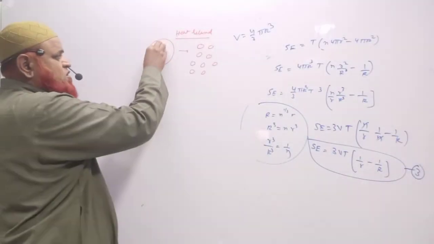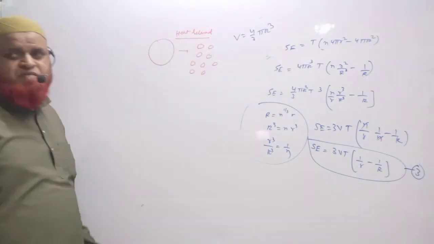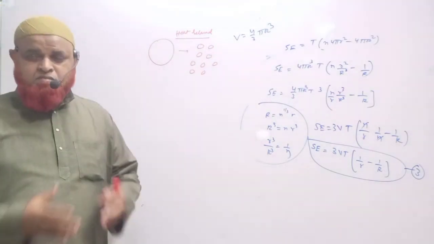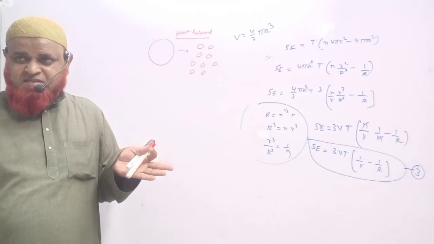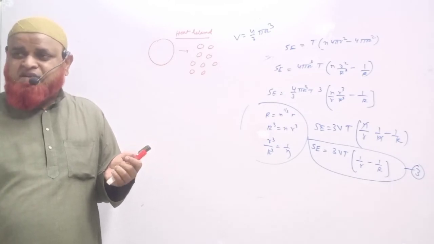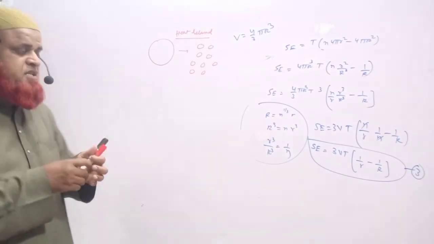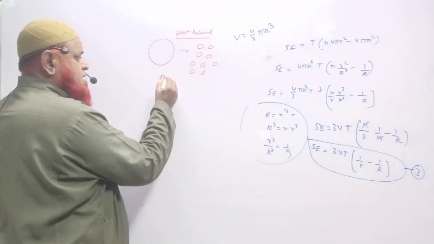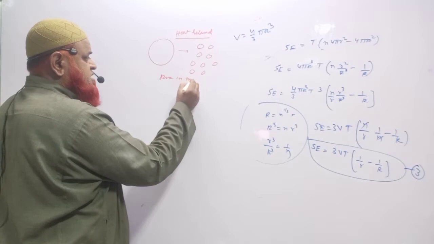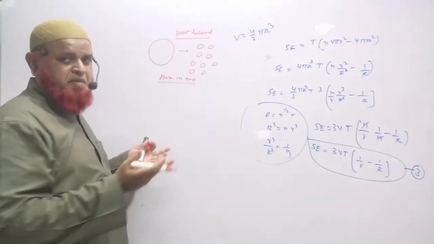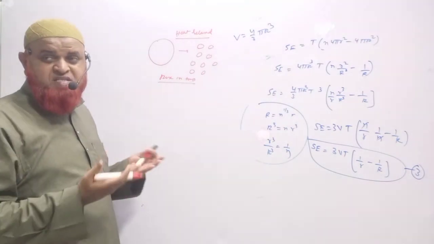If you split this larger drop into smaller drops, you are doing some work on that. So some heat is generated while splitting. You have to find out the rise in temperature. What is the rise in temperature while splitting? How much would be the difference in the temperature?